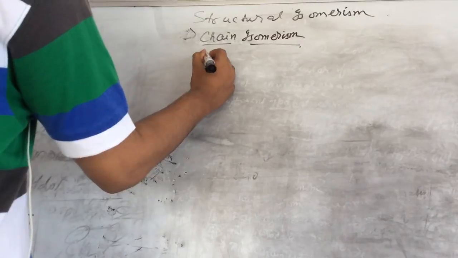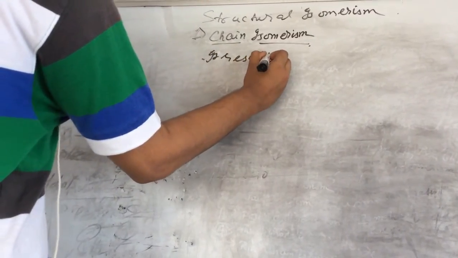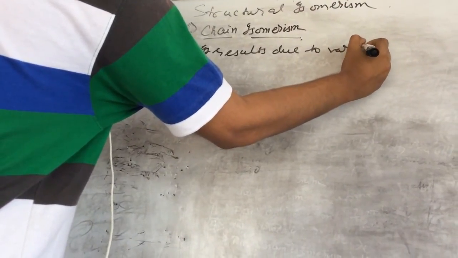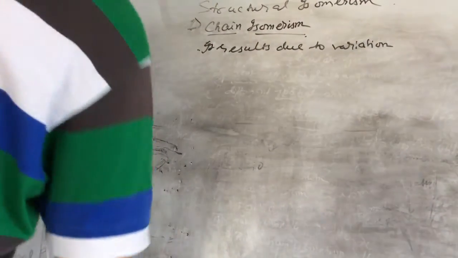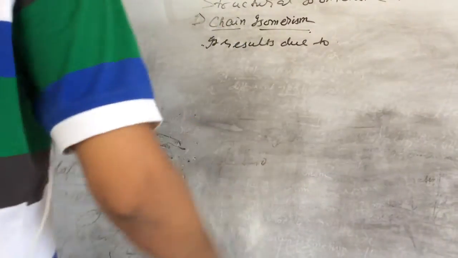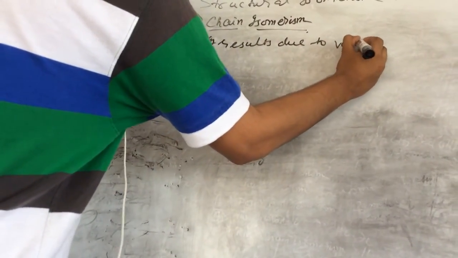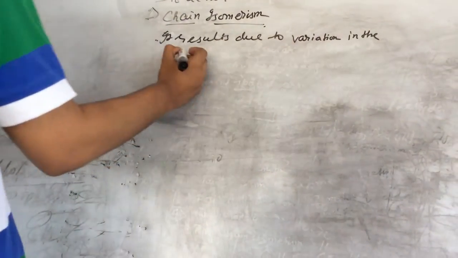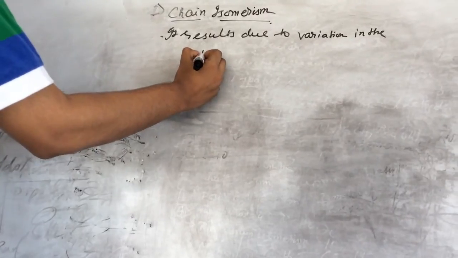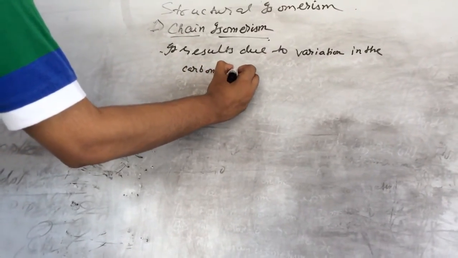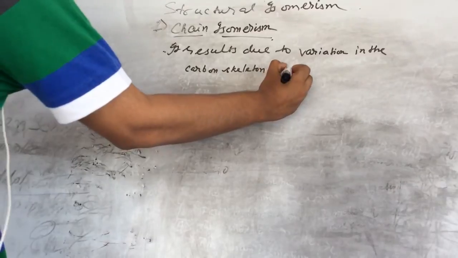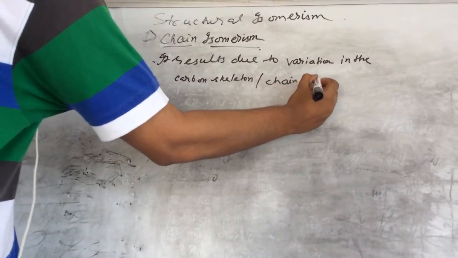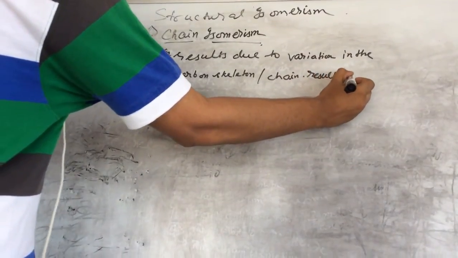So it results due to variation, that is, it can be branched or straight. Based on that, this isomerism appears. Variation in the carbon skeleton or chain, but resulting in the same molecular formula.